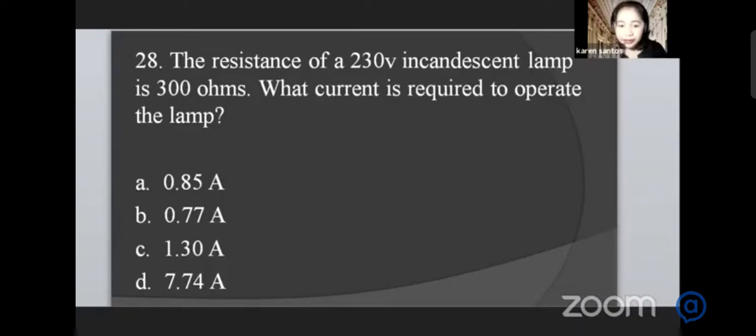A, 0.85; B, 0.77; C, 1.30; D, 7.74. Again, the resistance of the incandescent lamp is 300 ohms. So what is the required current to operate the lamp? What is the correct answer? Is it A, B, C, or D?